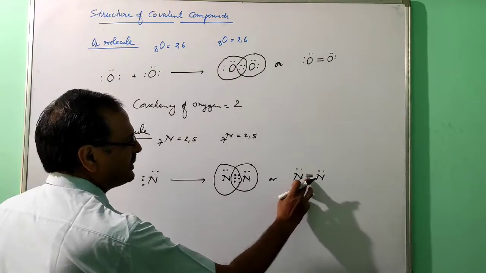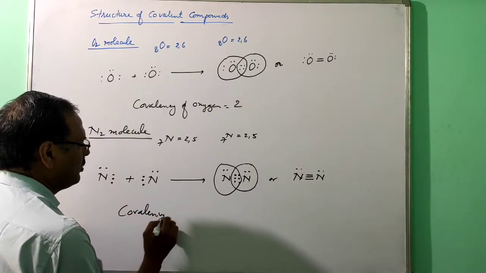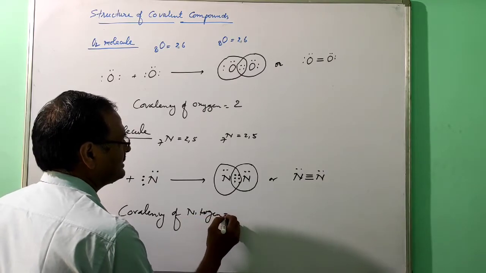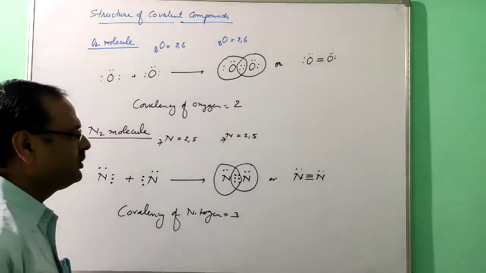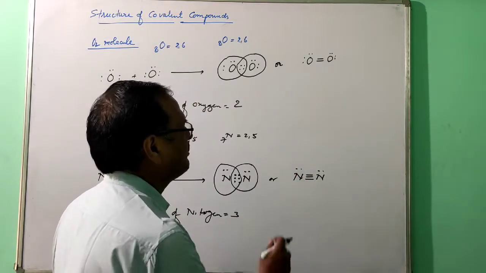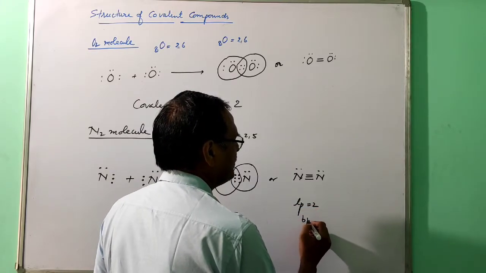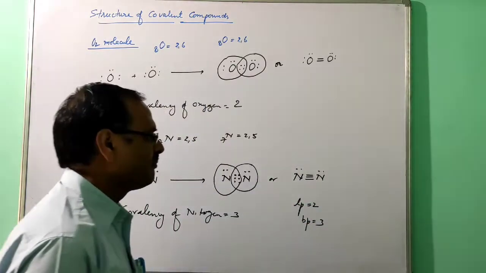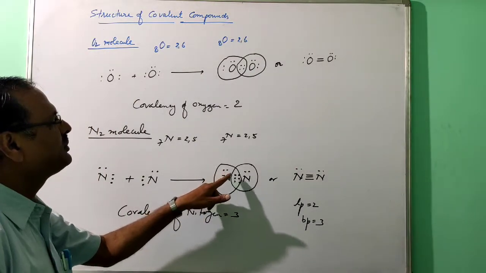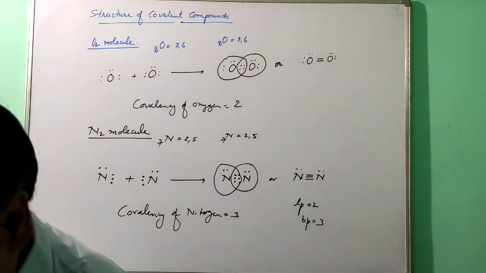Covalency of nitrogen is 1, 2, 3, so the covalency of nitrogen is 3. How many lone pairs are there? 1, 2. 2 lone pairs and bond pairs 3. So here LP is 2 and BP is 3. And how many electrons are not involved in sharing? From each nitrogen atom, 2 electrons are not involved in sharing. So this is the nitrogen molecule.